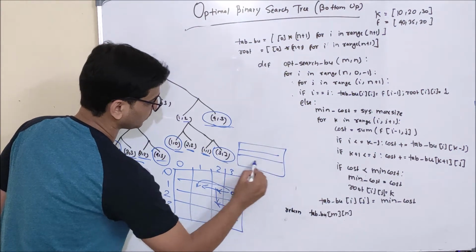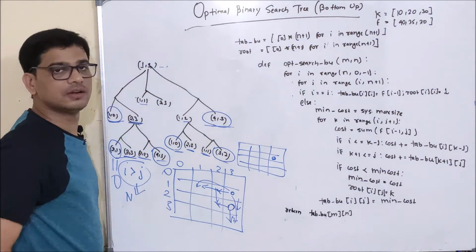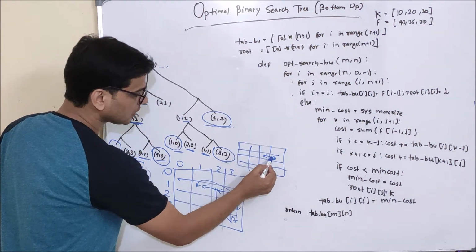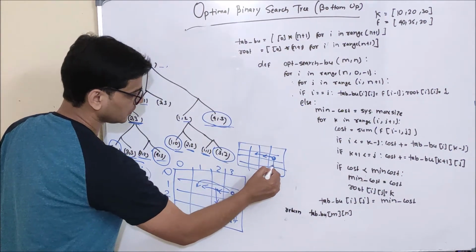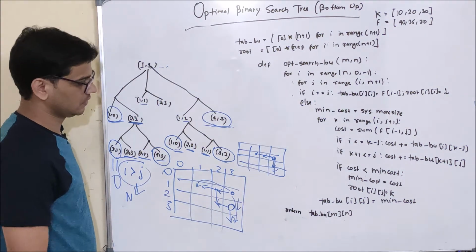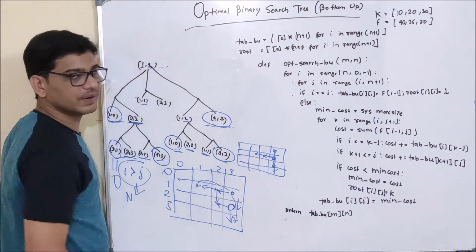Suppose this is my table and I want to update this particular cell, then either my value will come from same row left or row below it. Okay? So values will not come from a row above it.